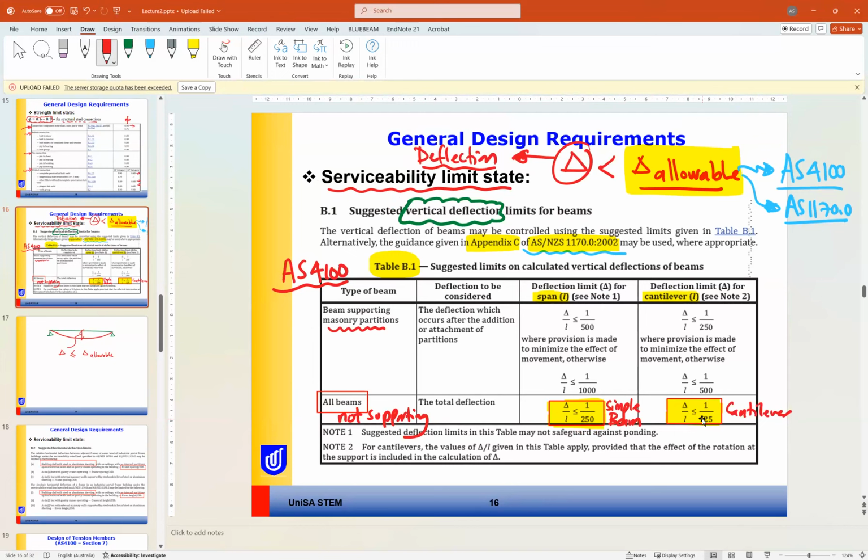Because the cantilever is susceptible to more deflection, that's why the standard allows more deflection.